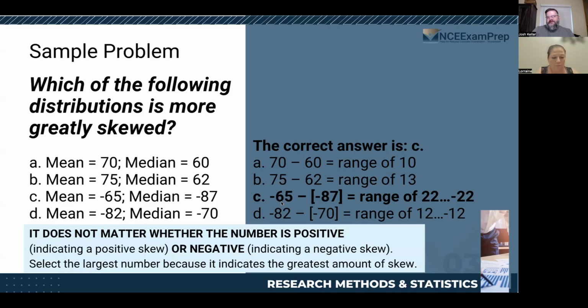I know when we're subtracting negatives it gets complicated, but if we plot these on a number line, we'd see that there's a range of 22, which is negative 22. Negative 82 minus negative 70 gives us a range of 12. So the greatest skew here is C, negative 22.